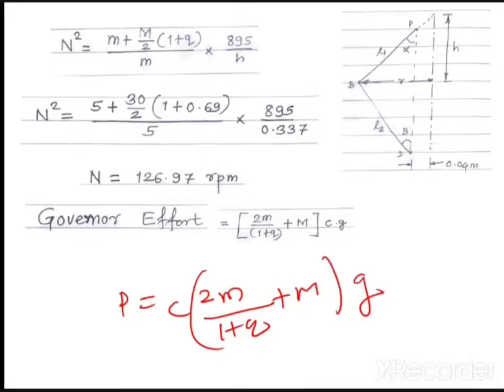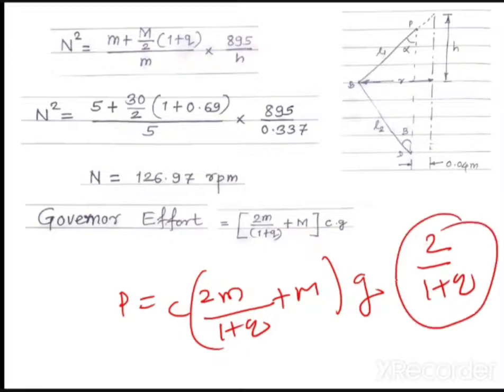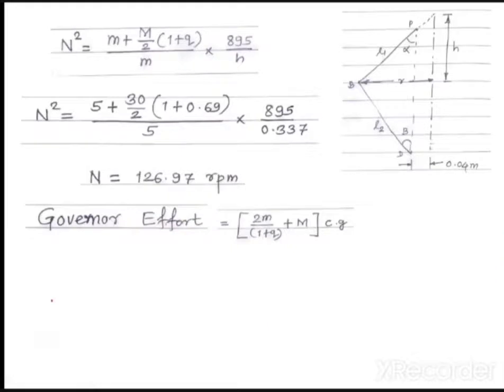So the formula becomes modified in a simple way. What has increased? The term 2 upon 1 plus q is an additional term which has increased, right? I hope it is clear to you now. So directly apply this formula.